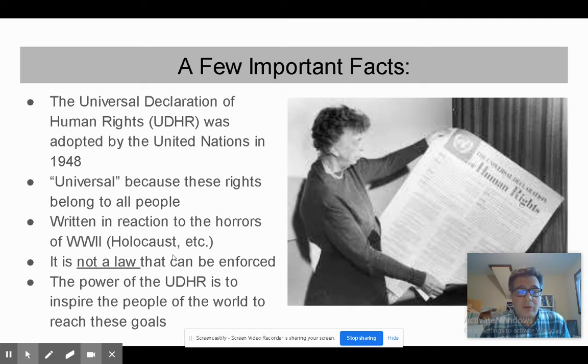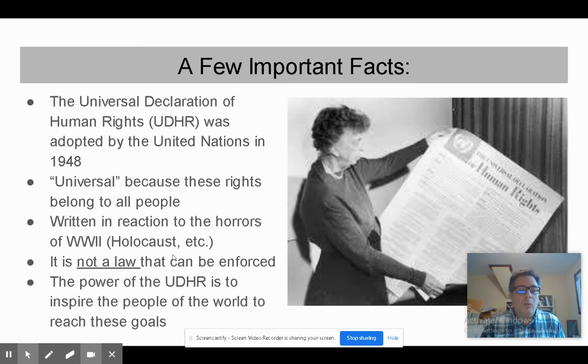It's an international agreement that's been signed by all nations, but there are no human rights police that run around the world and charge in and arrest dictators because they didn't give someone a fair trial, or because they tortured someone, or executed someone because of their political beliefs. The real power of the UDHR, and this is my last bullet, is that it's meant to inspire the people of the world to reach the goals.